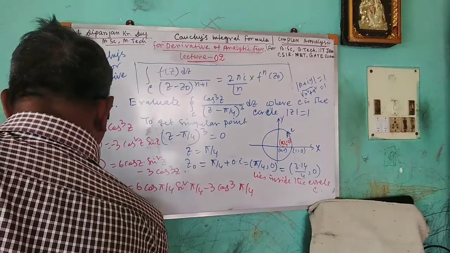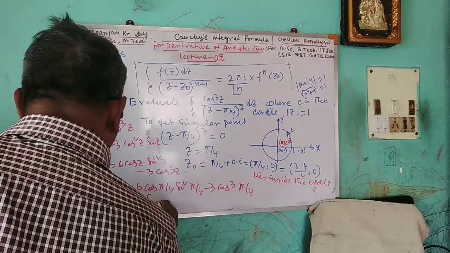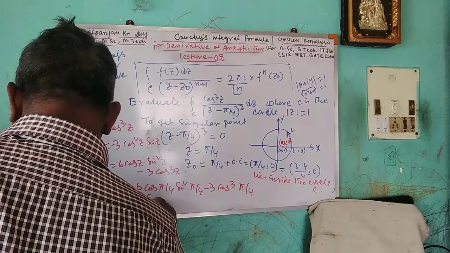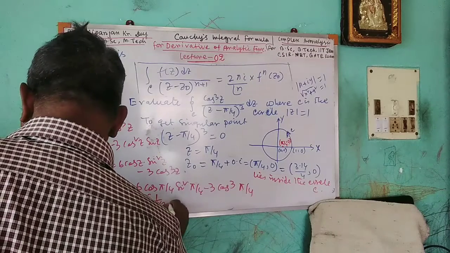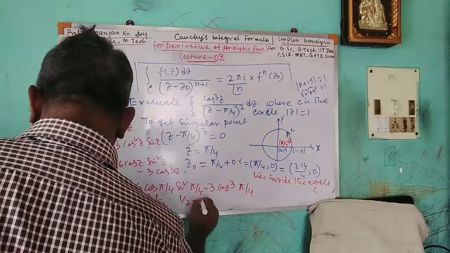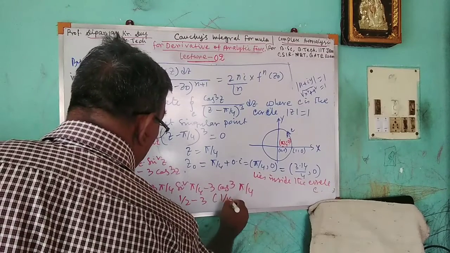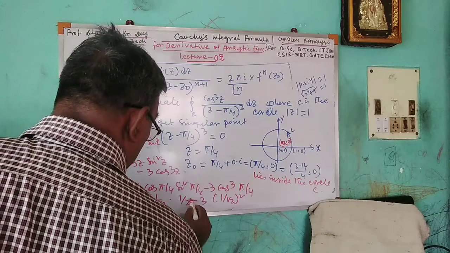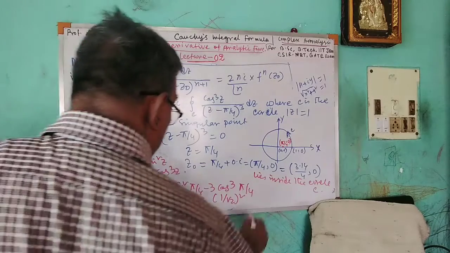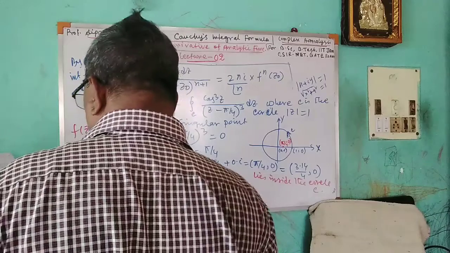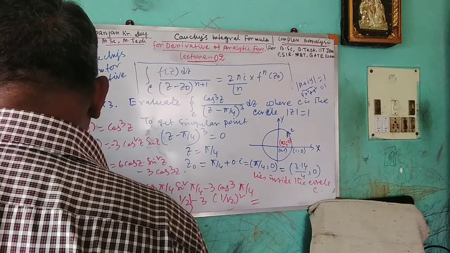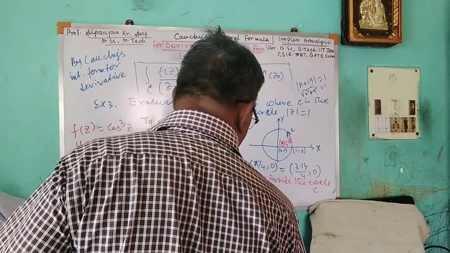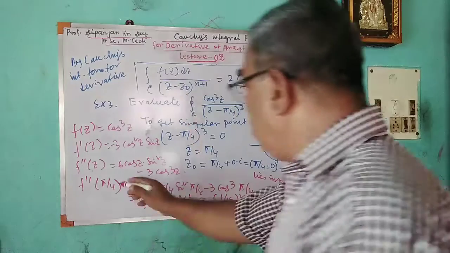So if we put this value, 6 into 1 by root 2 into 1 by 2 minus 3 into 1 by root 2 whole cubed, you are getting 3 root 2 by 4. That is f double dash pi by 4.